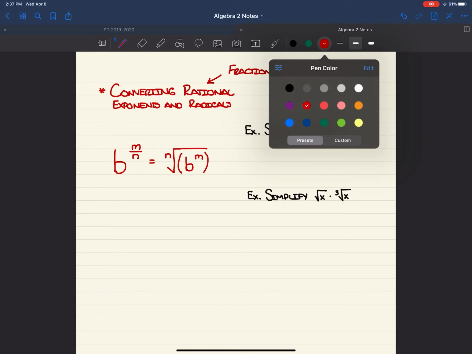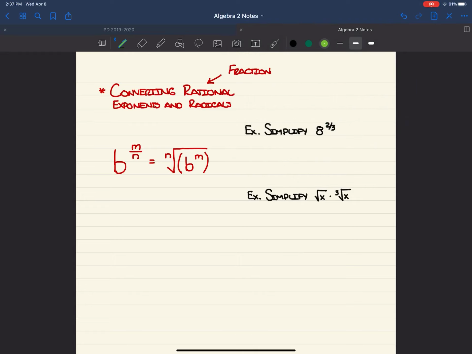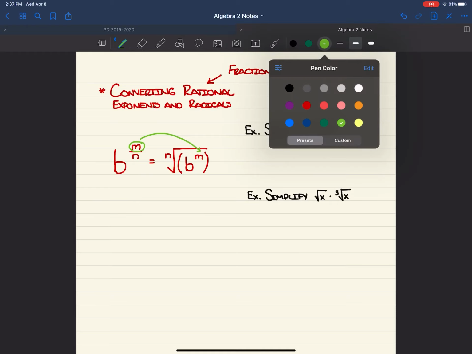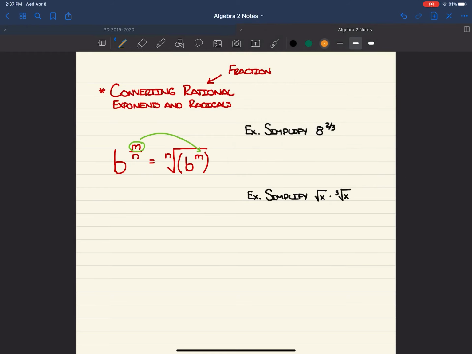So using a couple different colors here, you'll notice that the numerator stays the power underneath the root, and then the denominator of our fractional exponent is going to tell us what our root is. Are we taking a square root, a cube root, a fourth root? In our next video, we'll talk about how we evaluate roots like that. But for right now, we just want to be able to rewrite our expressions.